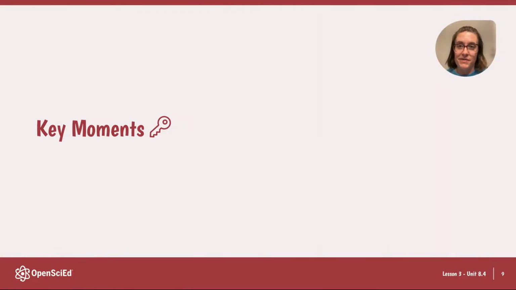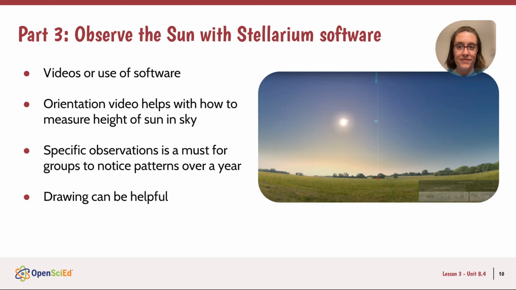Let's break down some key moments in this lesson. For part 3, students observe the sun with the Stellarium software. With our student iPads, I've run into some problems with running the Stellarium software, so we use the YouTube videos that are provided. Students are able to get all the necessary observations from there.